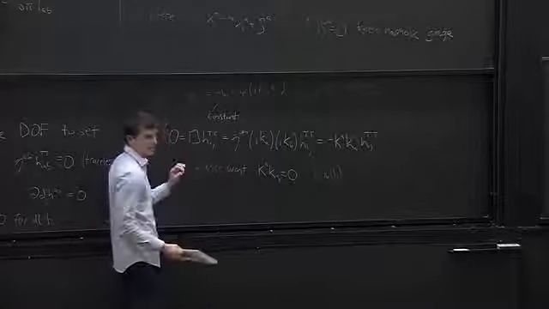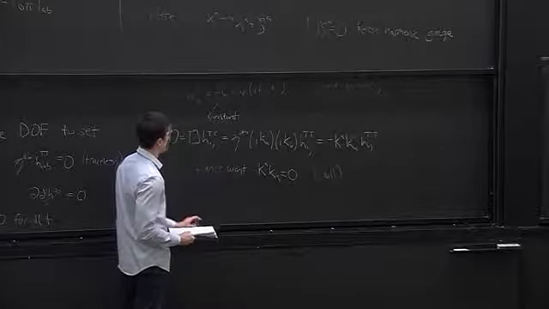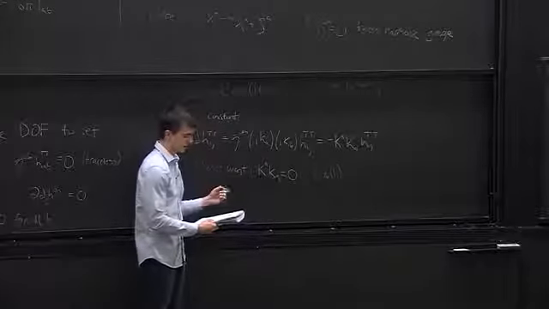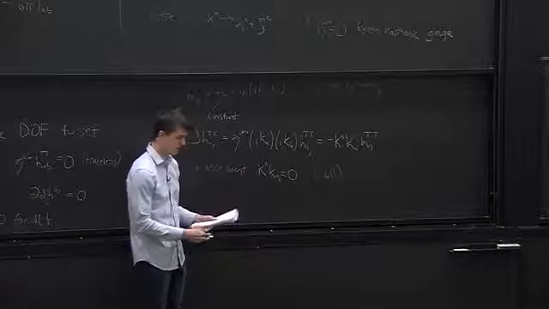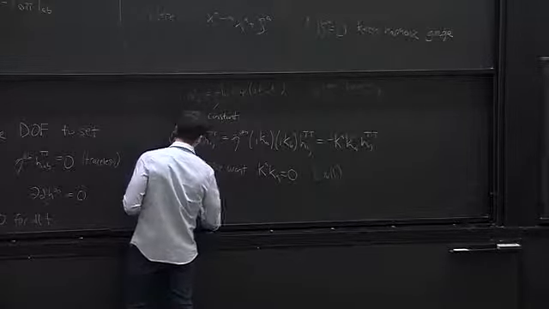Okay, so let's choose some specific coordinates. We can basically choose k_a, the spatial component, to point in the z direction, which means that k_a has to take the following form.